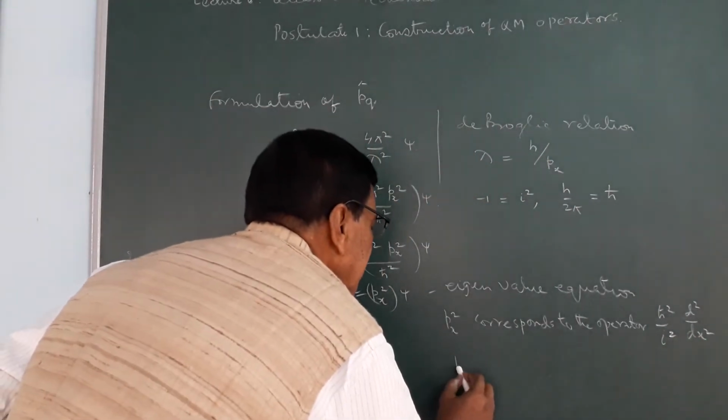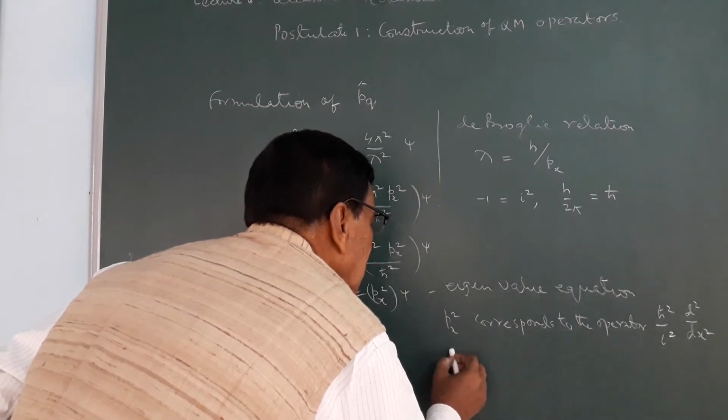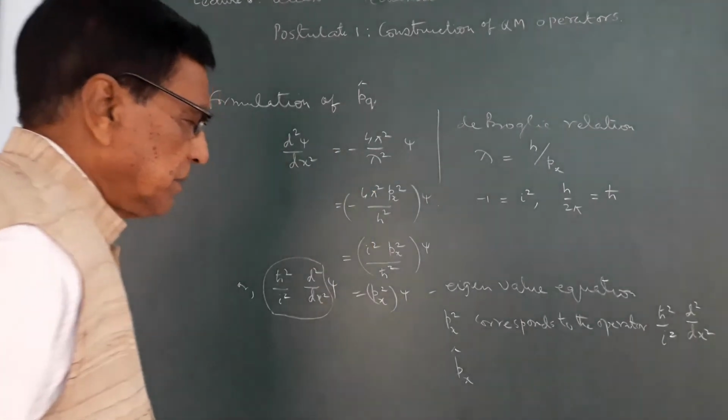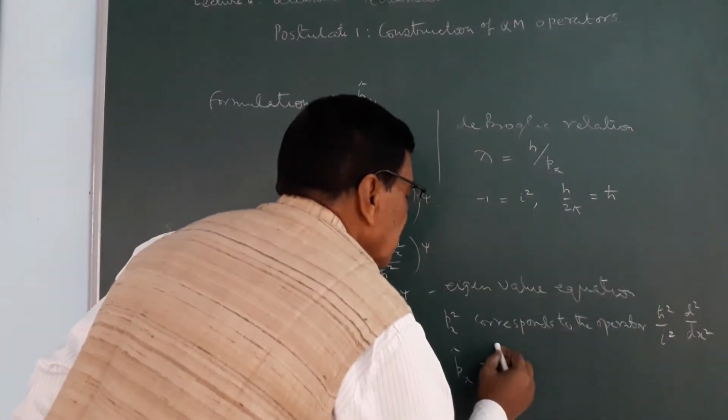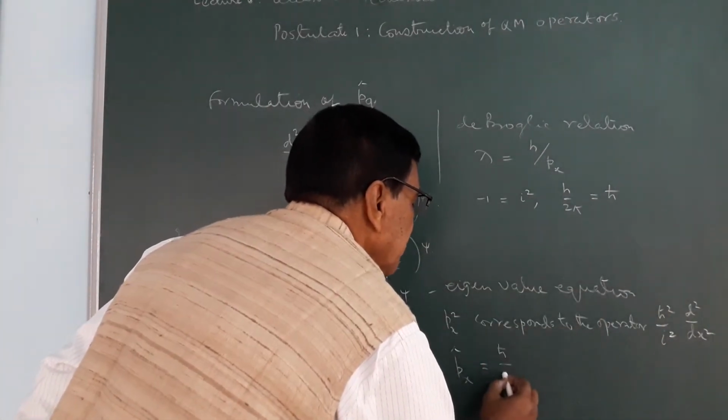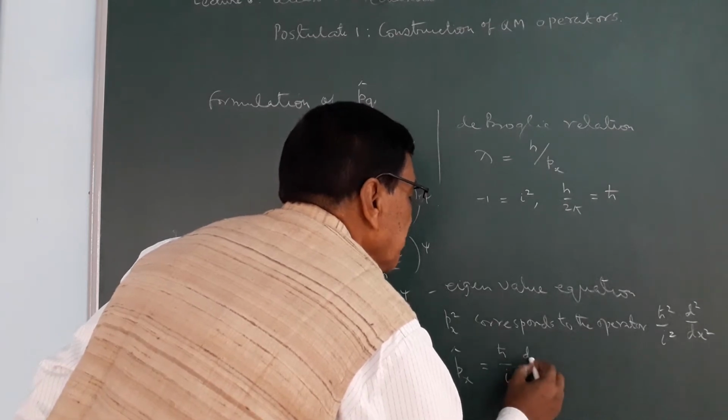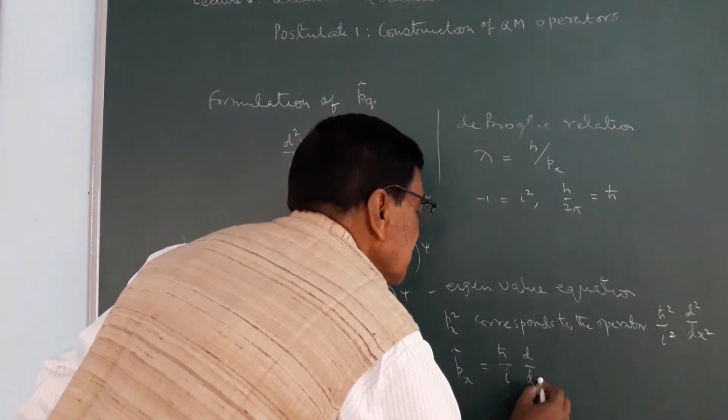Naturally, then the px cap operator of this px is equal to the root of this one, h cross divided by i d by dx.